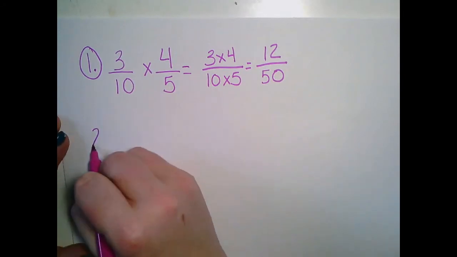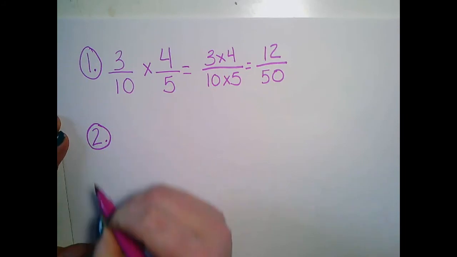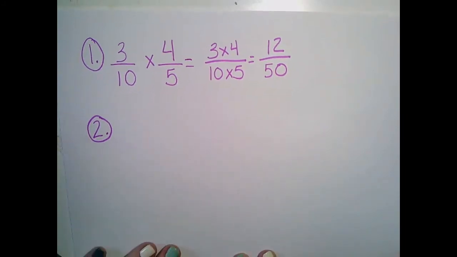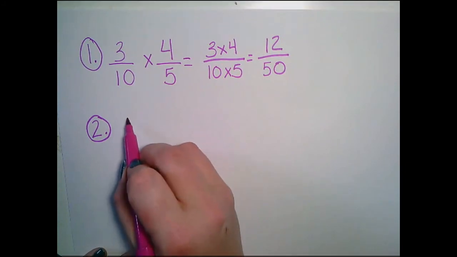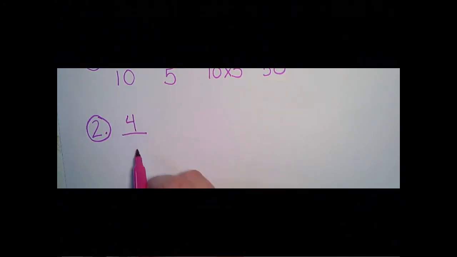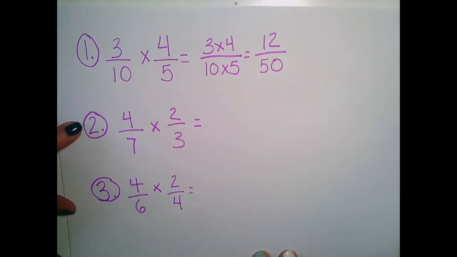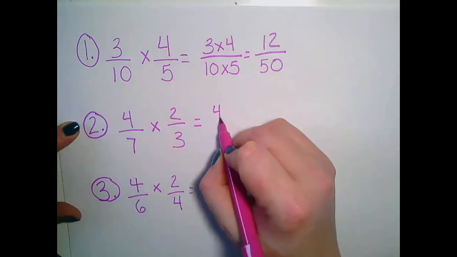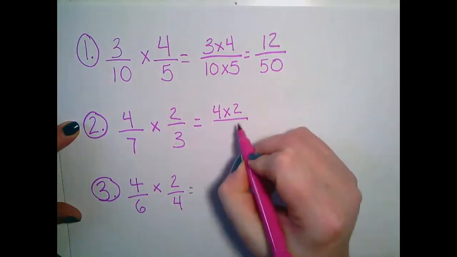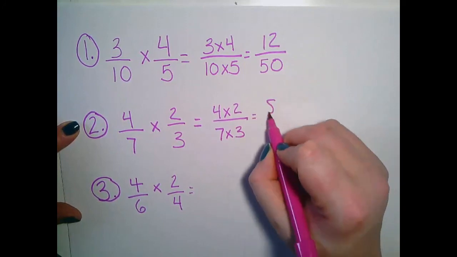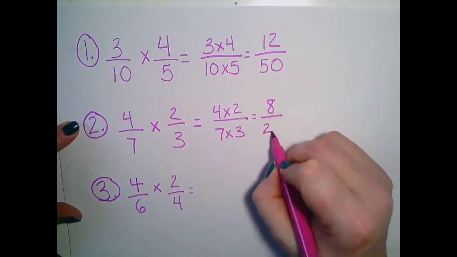All right, for the next two, I would like you to try them on your own and then check your work when you are done. So let's do... So for number 2, you would have done 4 times 2 as the numerator, 7 times 3 as the denominator, and that would give you 8/21.